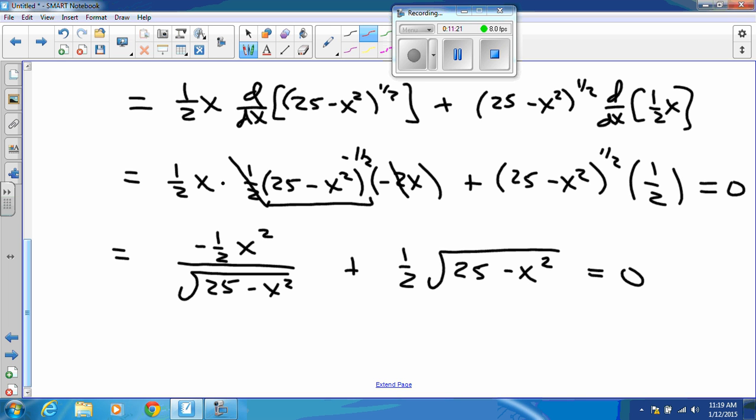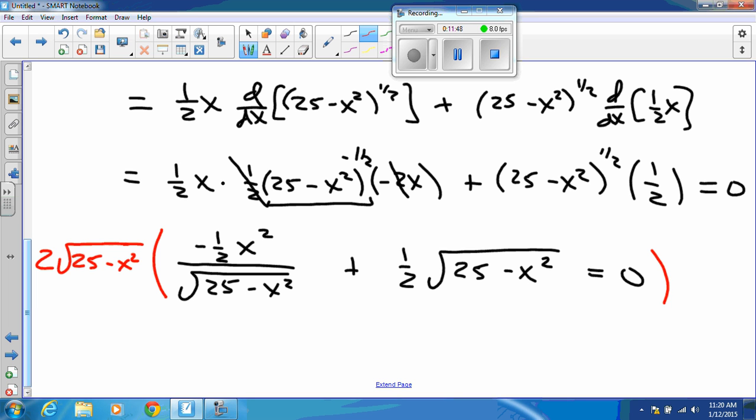Now, we're not so terribly fond of fractions here, so we're going to clear the fractions by multiplying both sides by a common denominator. I see that I have a factor of 2 here, and a factor of root 25 minus x squared there. So I'm going to multiply through by 2 roots of 25 minus x squared on both sides.